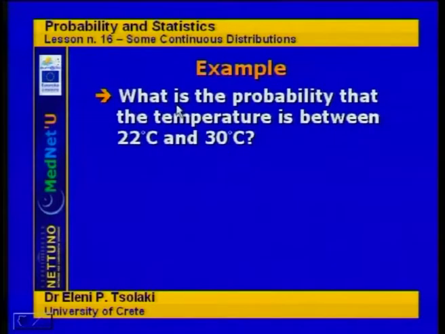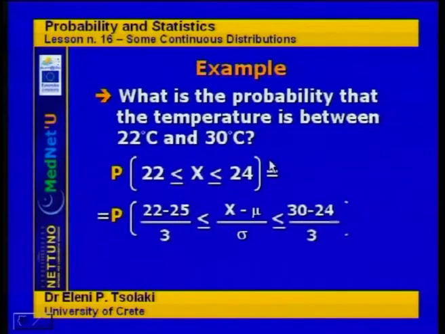We start by asking the first question: what is the probability that the temperature is between 22 and 30? And we actually ask the question, what is the probability of our random variable x to be between 22 and 24?